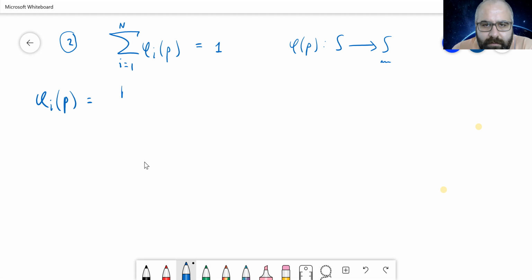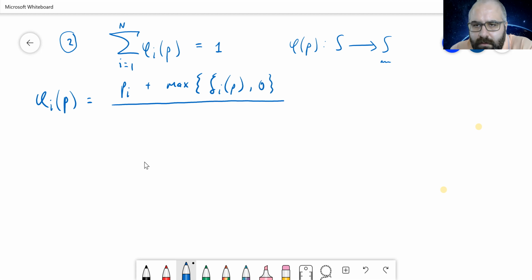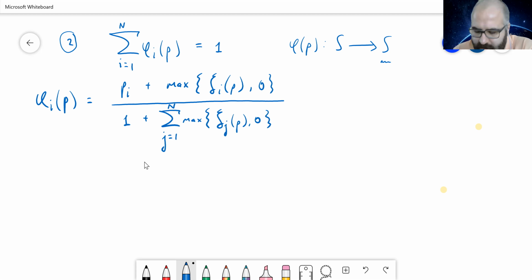phi_i(p) equals the maximum of zeta_i(p), 0, divided by 1 plus the summation over j from 1 to n of the maximum of zeta_j(p), 0. Now, careful.